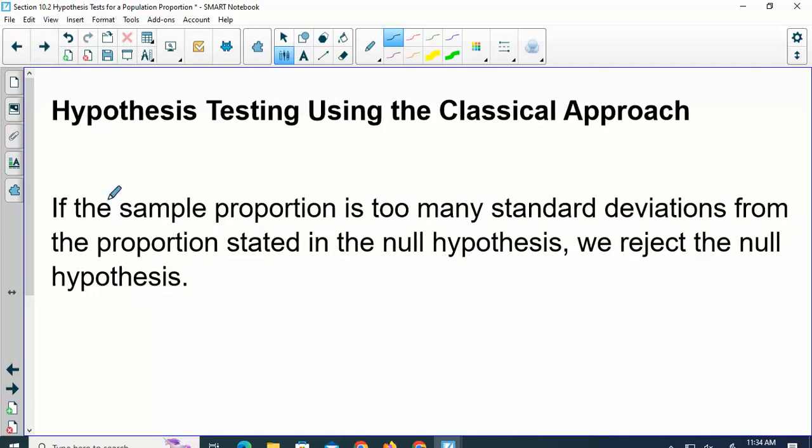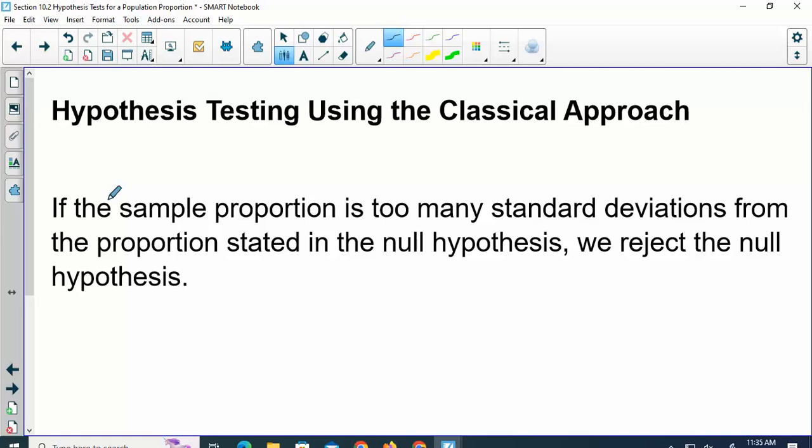There are different approaches for this. There is what's called a classical approach, there is a p-value approach, and then we will also talk about our calculator. So I am going to run through all of the different options.